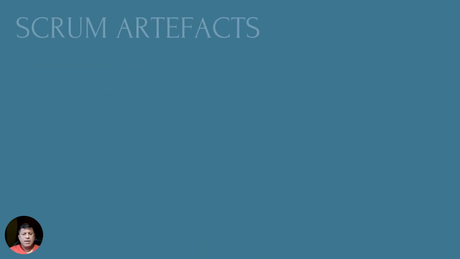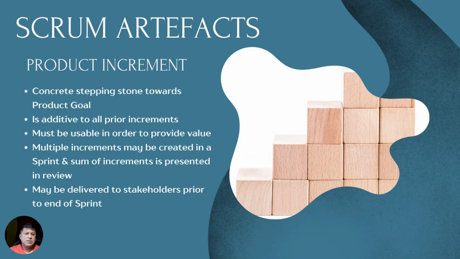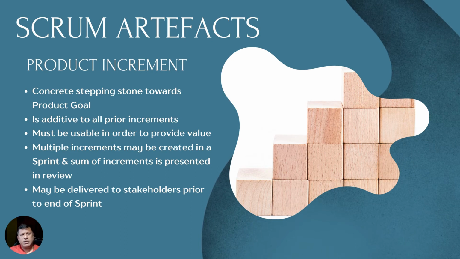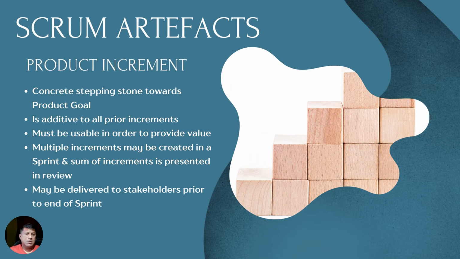Now moving to the next artifact, that is the product increment. Now, what is a product increment? Product increment is the outcome that you are accomplishing from the sprint, right? Every product increment contributes to us as a team accomplishing the product goal.